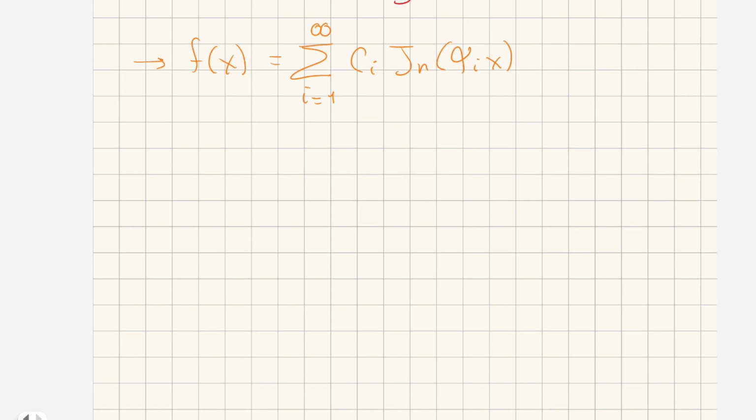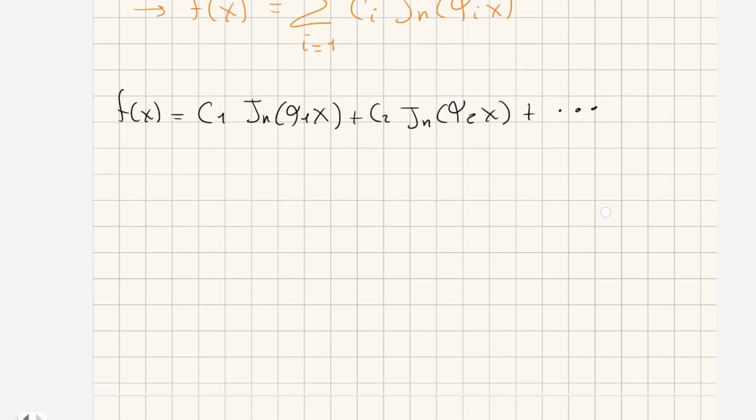First of all, we can express f of x equals, let's say, c1 Jn(alpha 1 x) plus c2 Jn(alpha 2 x) plus all the way up to infinity, right? But then we will get to some element, maybe the element, let's say, cm Jn(alpha m x), right?